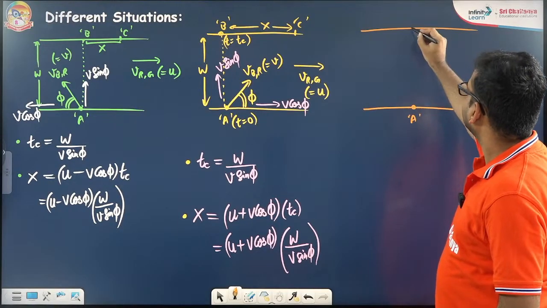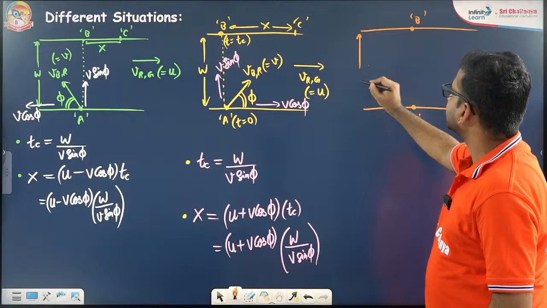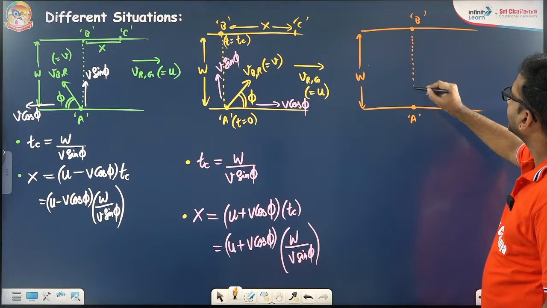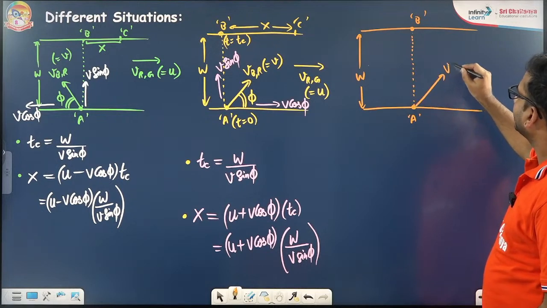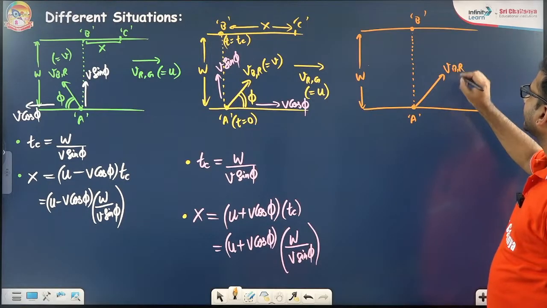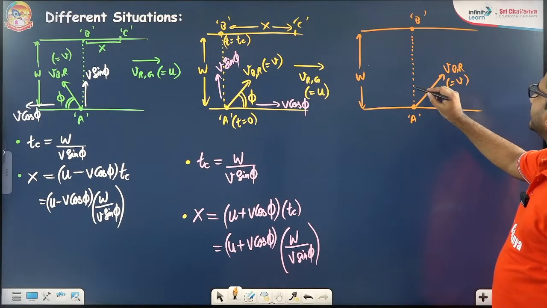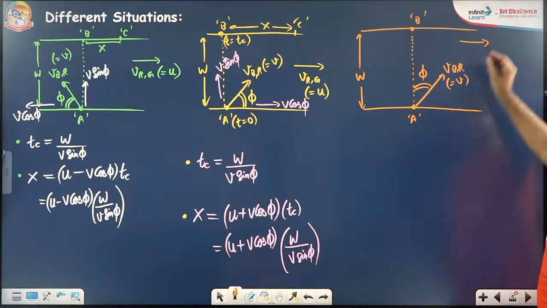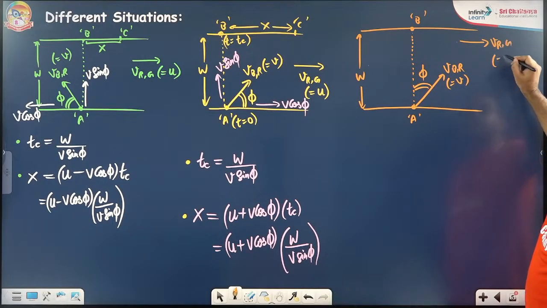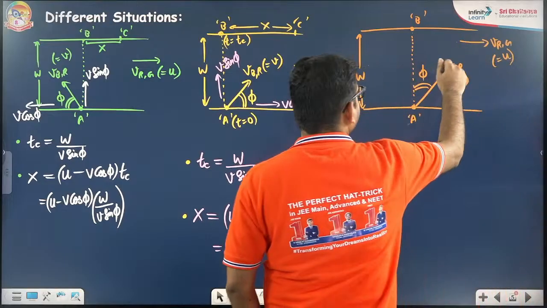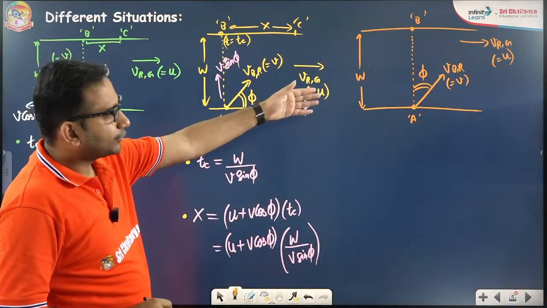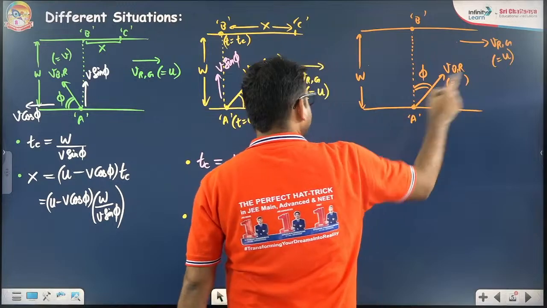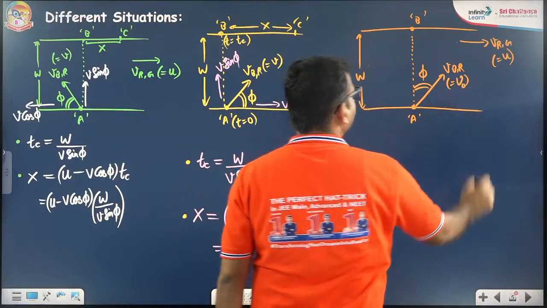This is A, this is B, this is W, and this time, this is the velocity of the boat with respect to still water, that is V, and this angle is phi over here, and the river is flowing in this direction with velocity of river with respect to ground, that is U. Okay, I'm not writing the vector sign again and again over them because I have separately mentioned the magnitude as well as the direction. This is V, and that's U. Let me write it as V naught.